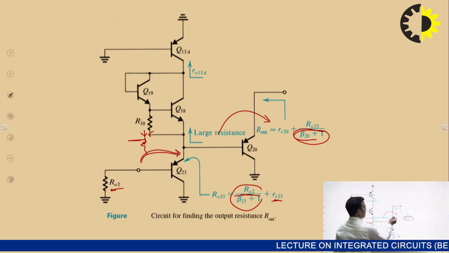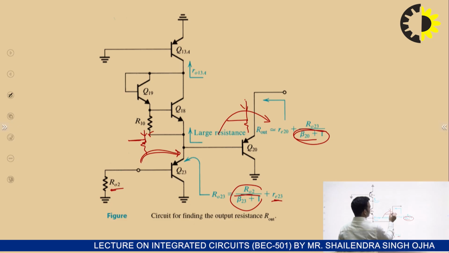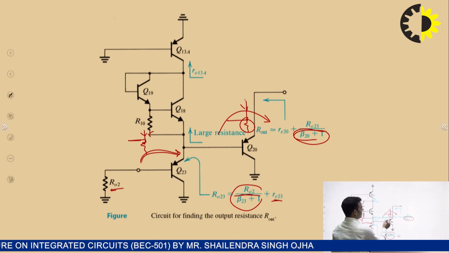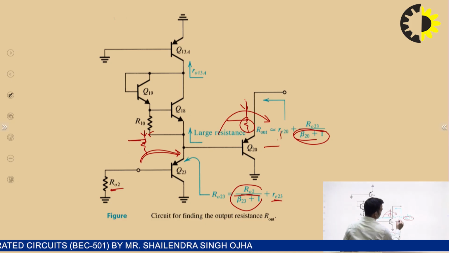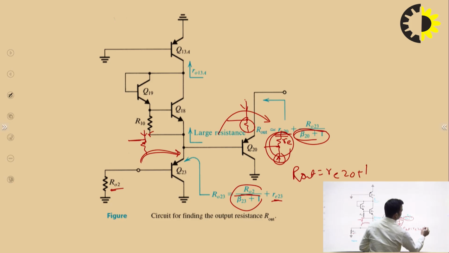Again, if you replace it with the T model, you get it like this. So this is Re, and if the emitter is on this side, you can draw it like this, but it will remain Re. So in this way, you can write Rout is equal to Re20 plus Ro23 upon beta 20 plus 1.